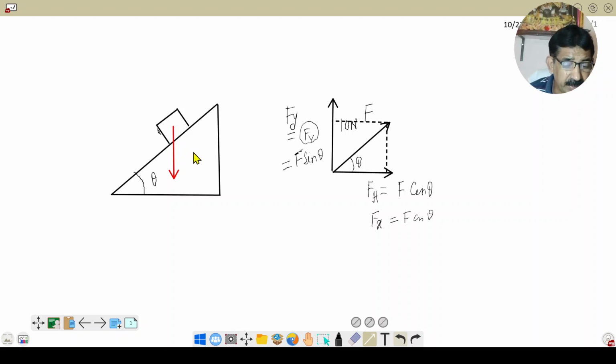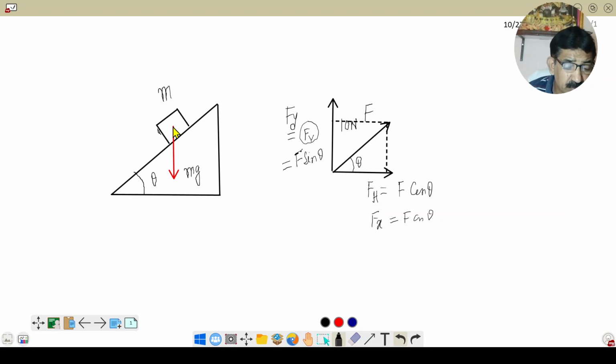You know the weight is a force, and if the mass of the body is m, then this force, the red line with arrowhead, represents a force equal to mg, the weight of the body of mass m. This is the body actually.